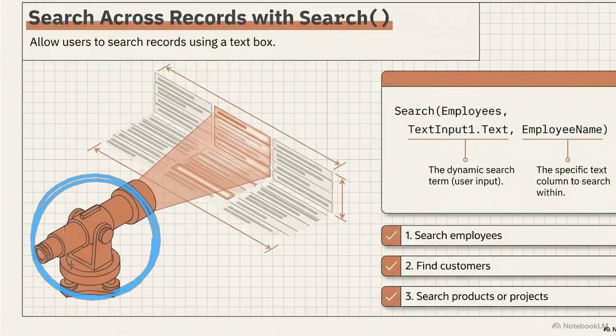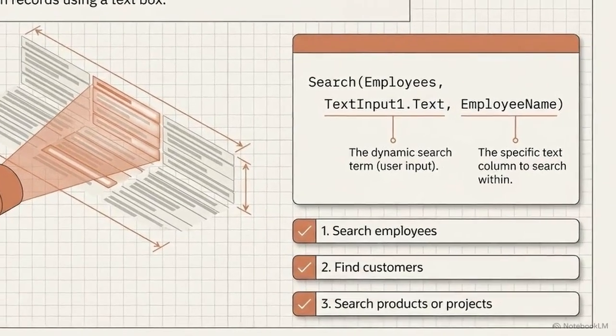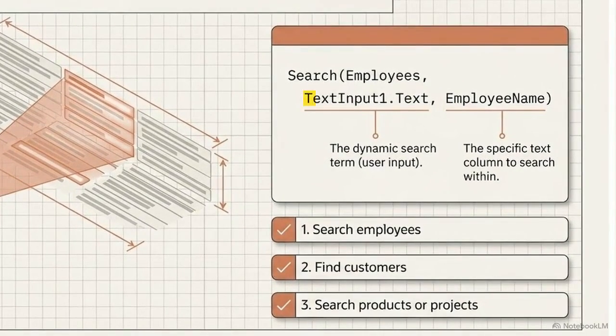The telescope graphic here represents our third retrieval method, the Search function. While Filter and LookUp run strictly in the background, Search puts the retrieval power directly into the hands of your user by connecting to a text input box. Look at the syntax. You define the data source, then point to the dynamic user input, like a search bar, and finally tell the app which column to check.